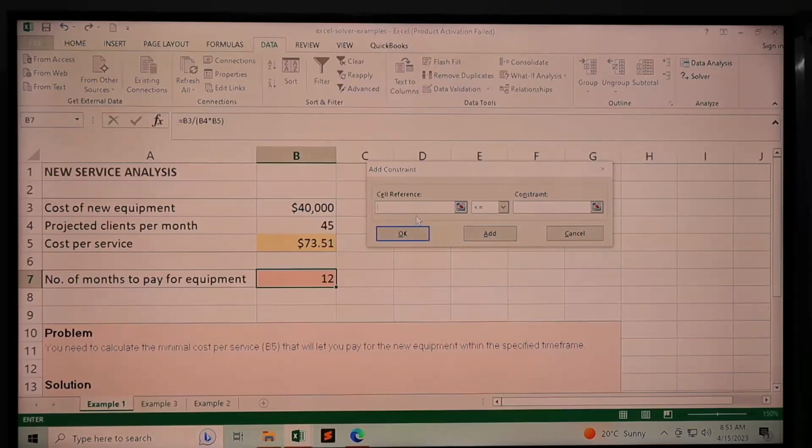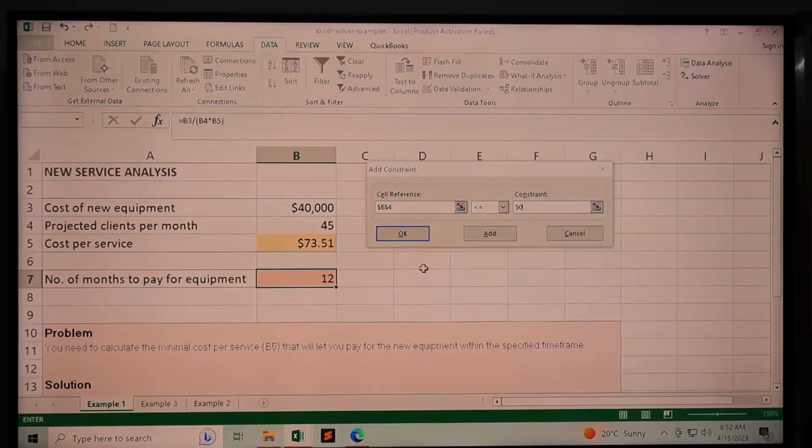Here you're supposed to check the number of projected clients per month, and that is in cell B4. Here we say it can be less than or equal to 50. We've already been given 45, that is still less than 50. So that is the projected number.